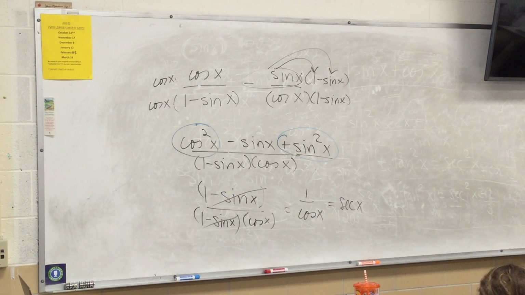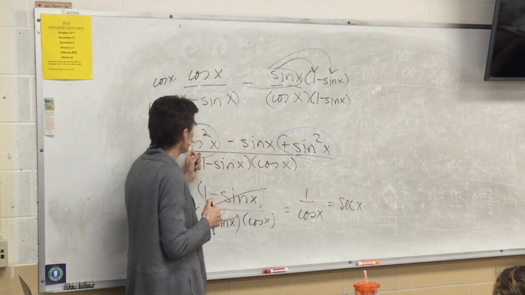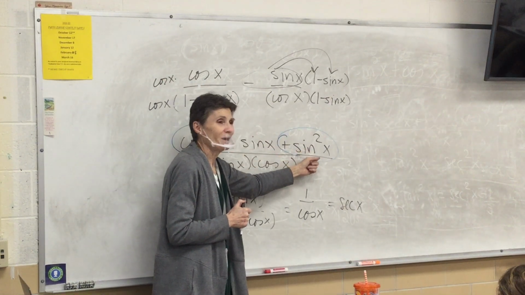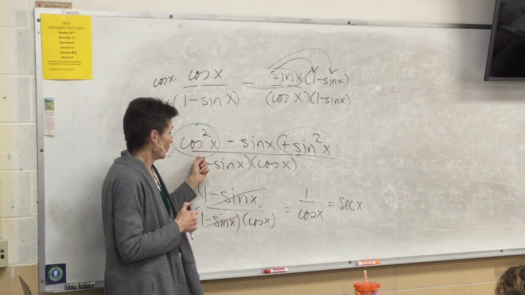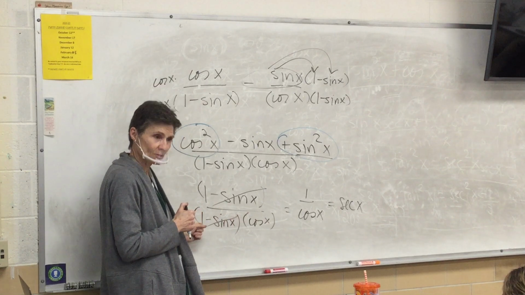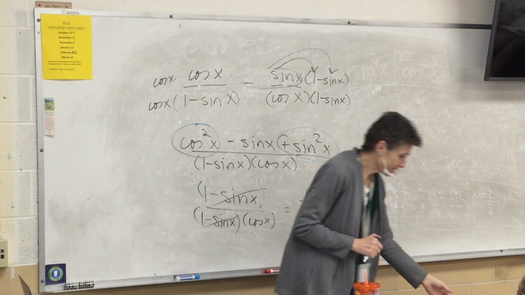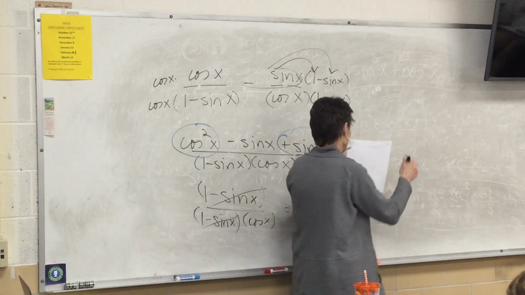Because we had two fractions to subtract, right? So we got our common denominator. We did some distributing and noticed we had 1. Well, as soon as we made that 1, we noticed, oh gosh, it cancels out, and we're done with the problem. Okay? All right. Number 4.